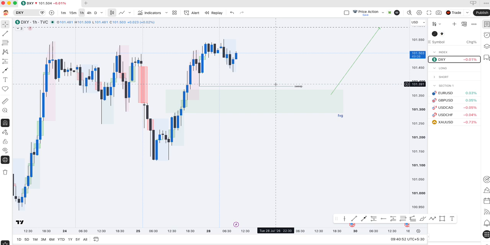New York session opens, we sweep the FVG and this swing point, and then we continue pushing to the upside. So I'll be only trading if I see a structure forming at this point. If it's somewhere over here, I won't be trading.